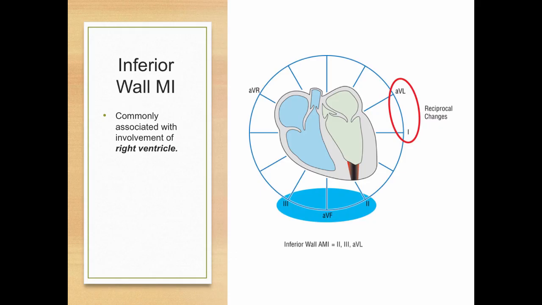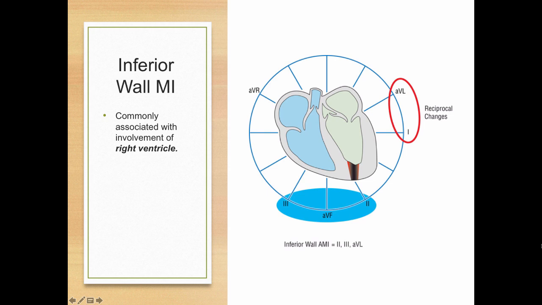Let's talk now about inferior wall MIs. These are commonly associated with the right ventricle because our inferior leads are 2, 3, and aVF. But lead 3 and aVF, and a little bit lead 2, but definitely 3 and aVF, have really good views of the right ventricle.